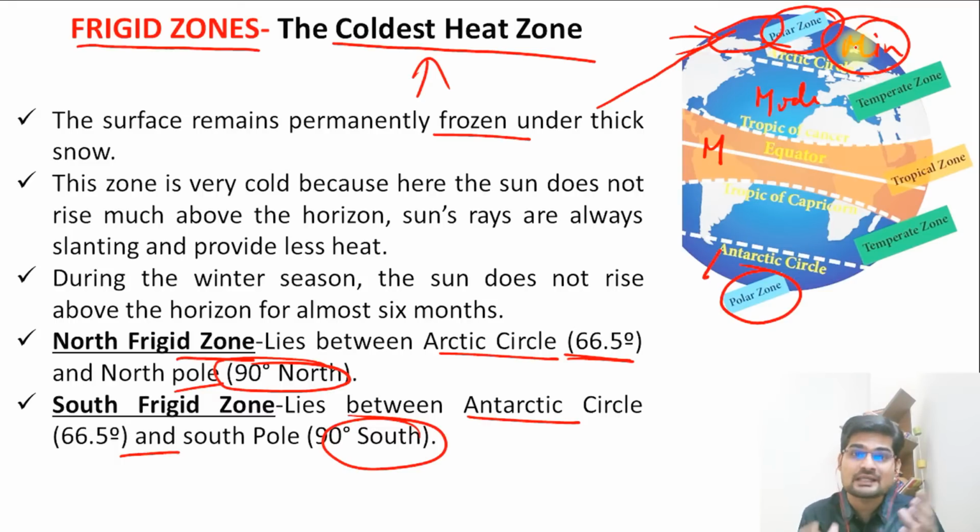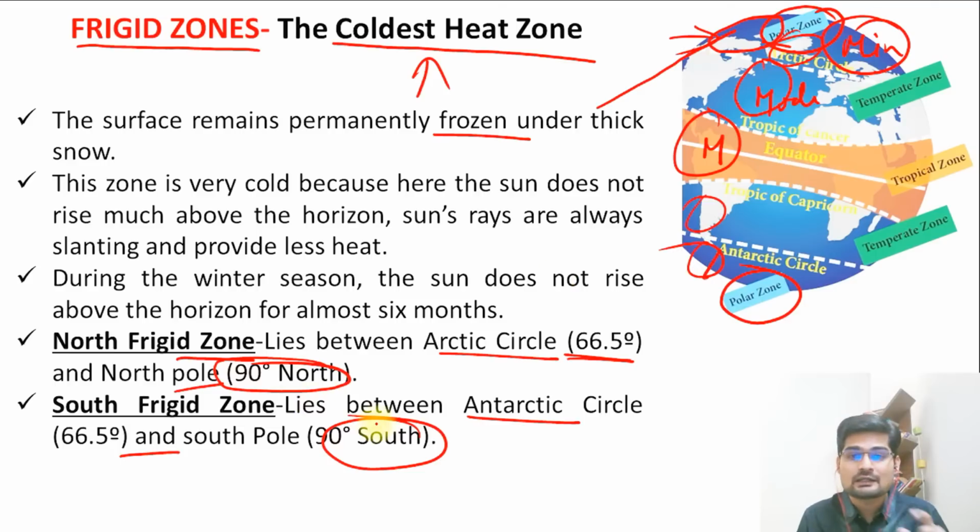Habitable zones, remember, right from ancient times, the zones of habitability were also discussed historically by Parmenides and Aristotle. And remember, all these zonations that we see, the climatic classification that we study in future lectures to come, all these things are driven by this important force, that is solar insolation, that is heat. And these are the major heat zones that we study, and we divide them into these three major zones.